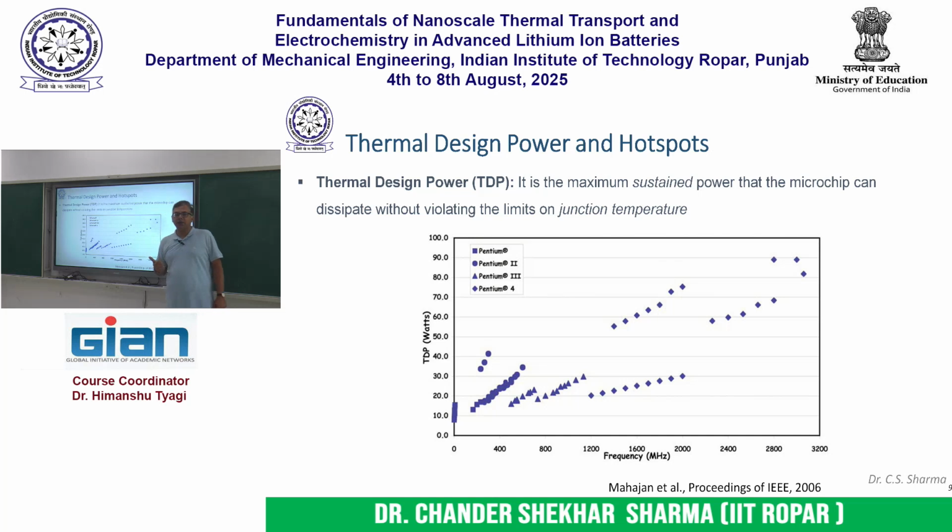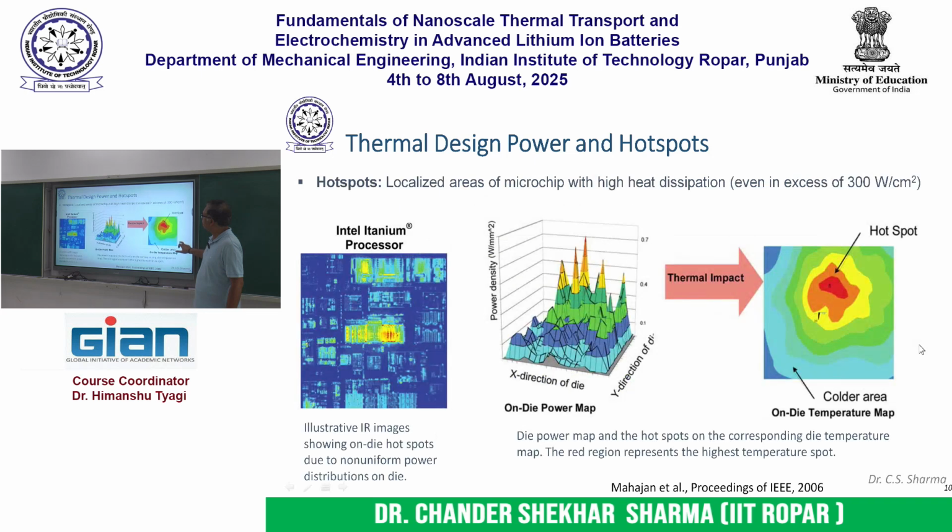So junction temperature is the temperature of each individual transistor junction, right, and there is an upper limit of temperature beyond which these transistors will not be able to operate. They will not be able to switch between 1 and 0 state, right, and there will be some physical degradation of the material.